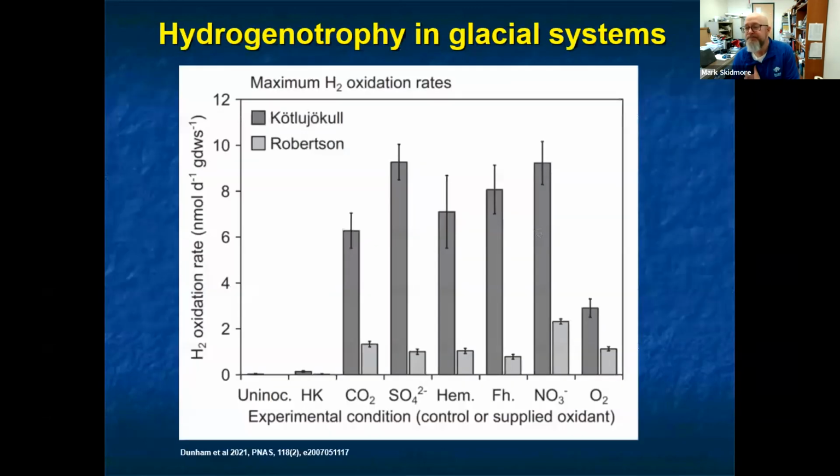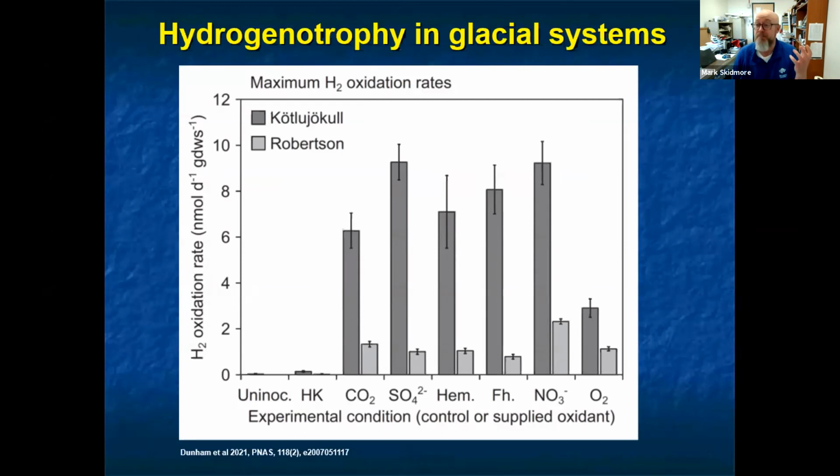Next slide, please. So then, taking again the similar approach, this is Eric Dunham's work just published in PNAS, taking sediments out of these environments, incubating them at 4 degrees C, and then adding hydrogen as a reductant, and then a range of different oxidants.